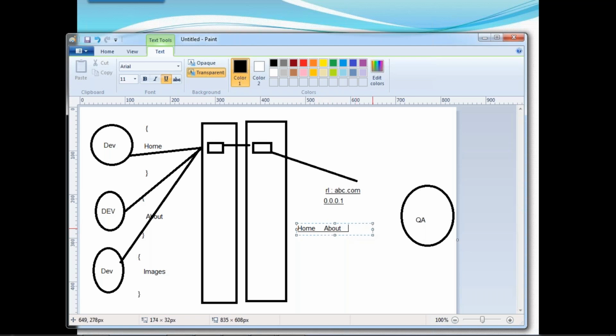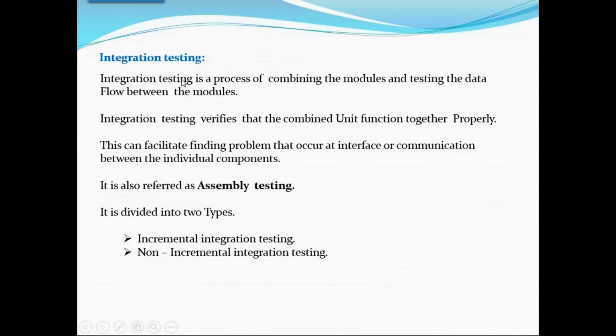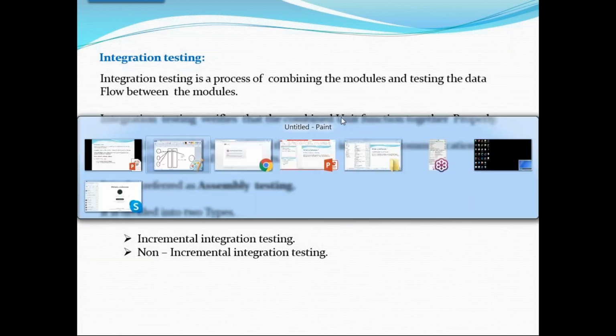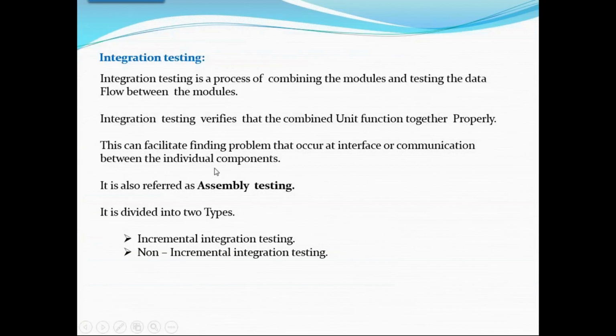So far I got three modules, right? Once they have made all these things and I got the three modules, what do I need to do? Integration testing is a process of combining the modules and testing the data flow between the modules. Integration testing verifies that combined unit functions work together properly or not. This is one unit function, this is one unit function, this is one unit function.